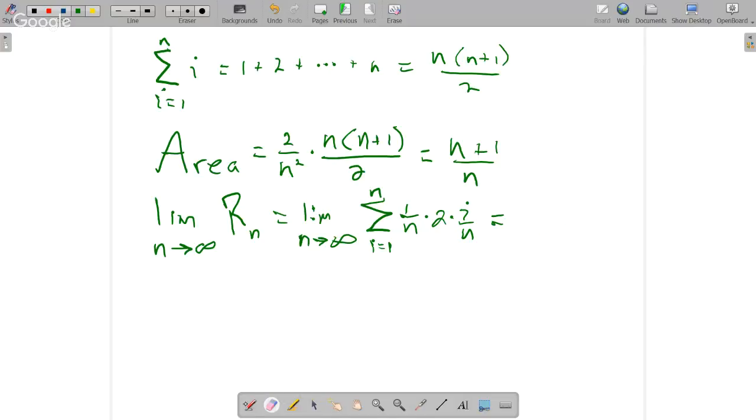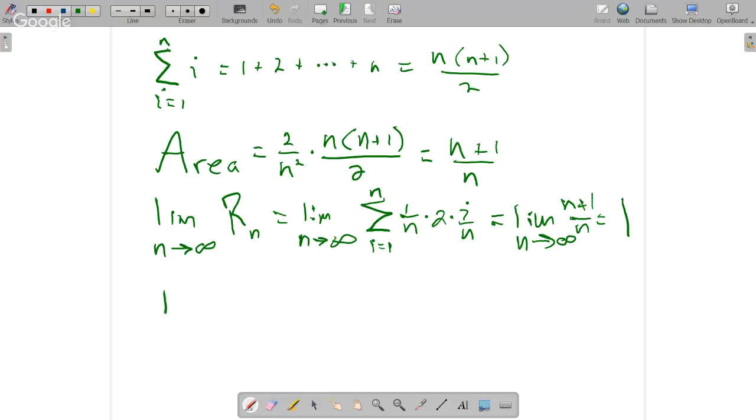So we'll rewrite that. I have the limit as n goes to infinity of n plus 1 over n. And in the limit, hopefully remember your limit rules, that just comes out to 1 in the end. So if I used 5 rectangles or 10 rectangles, I'm going to get roughly what the area is.